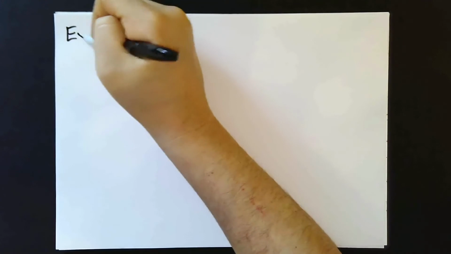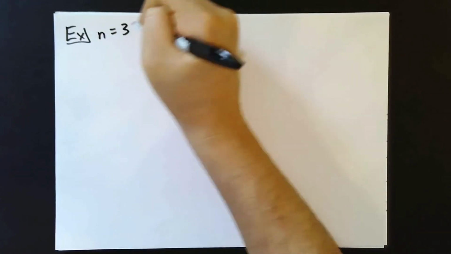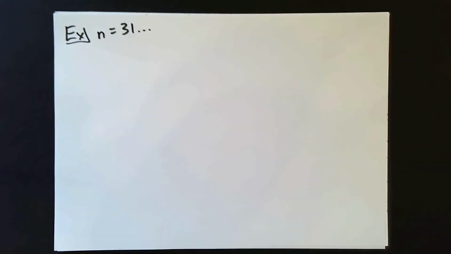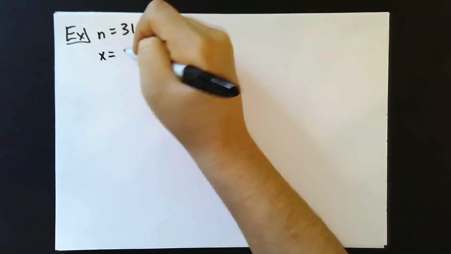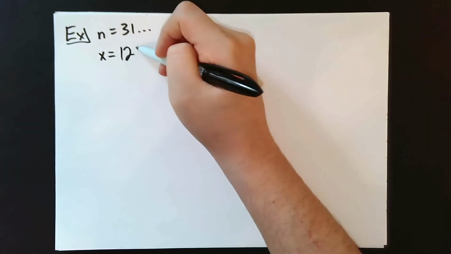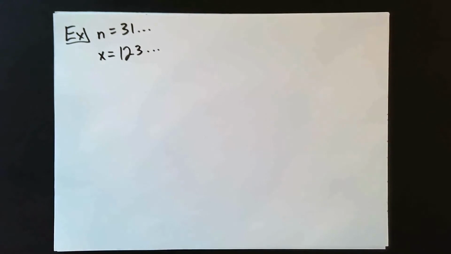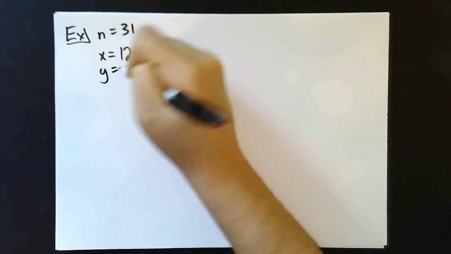So let me summarize what we just calculated. Here n is some giant number that starts with 31. I'm going to let x here be this 1, 2, 3, ... number, and y here be 11.